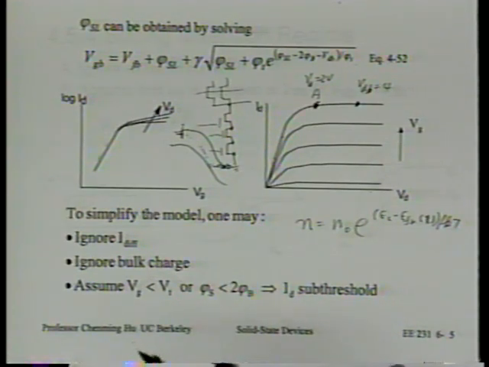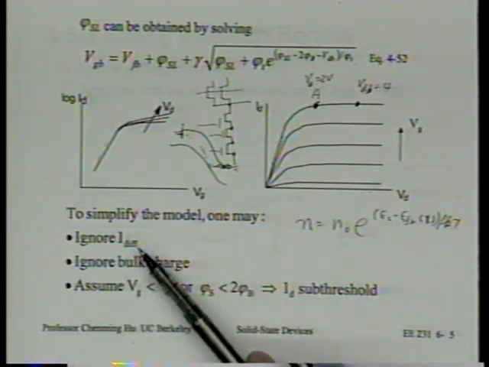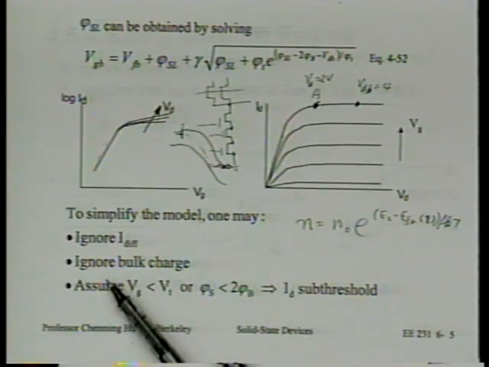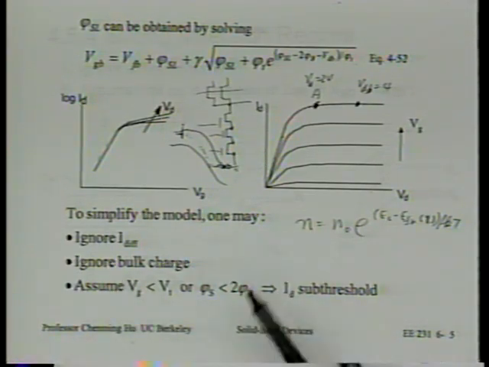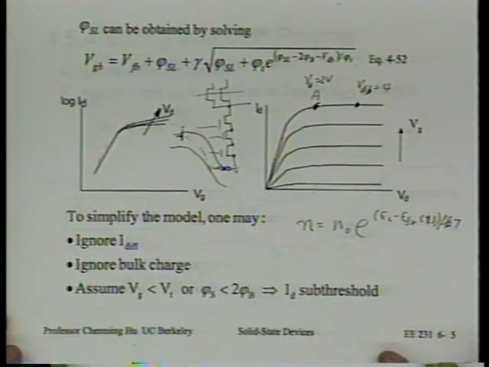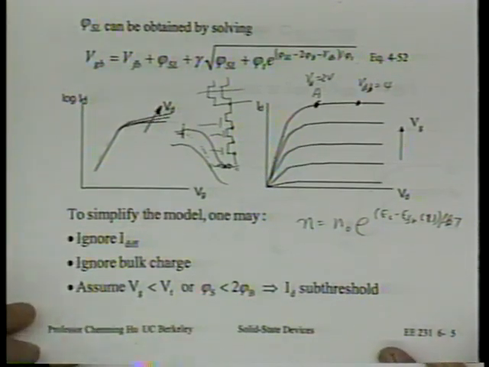So we can ignore diffusion currents, and then maybe we can also ignore something that we can identify as the Q depletion, the bulk charge, or we can limit ourselves only to the subthreshold regime. By making these assumptions, this Charge Sheet model will yield some simpler special cases.